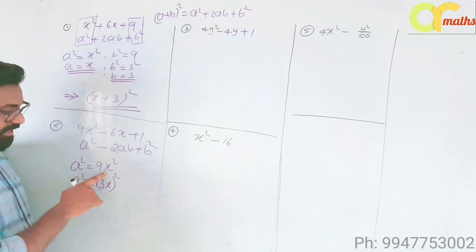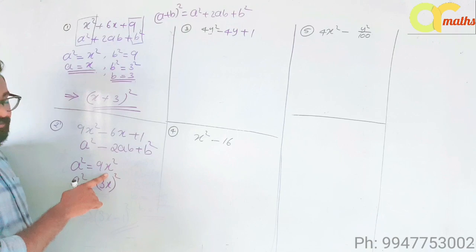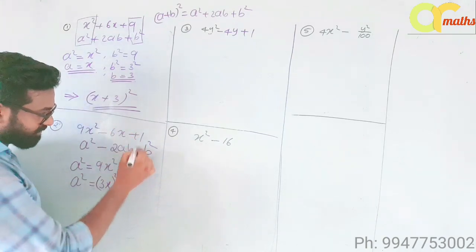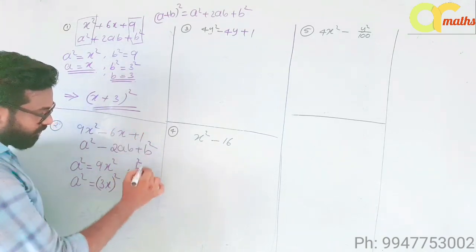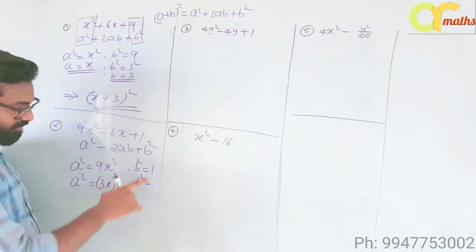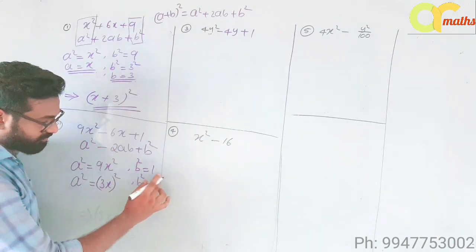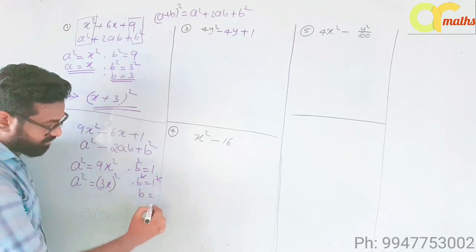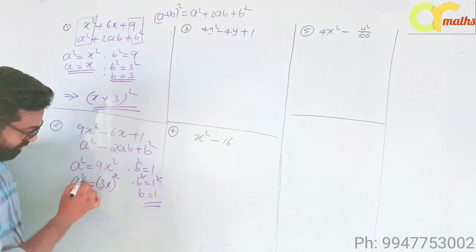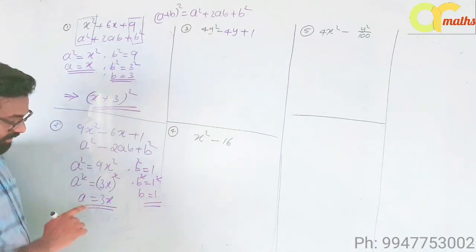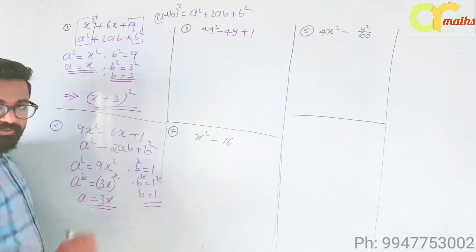If it is 3x square, that is (root 3 x) square. If it is 5x square, that is (root 5 x) whole square. So here in the place of b square, 1. 1 is square of 1 square. You can cancel square, then b equal to 1. Here a equal to 3x. So you got a equal to 3x and b equal to 1.